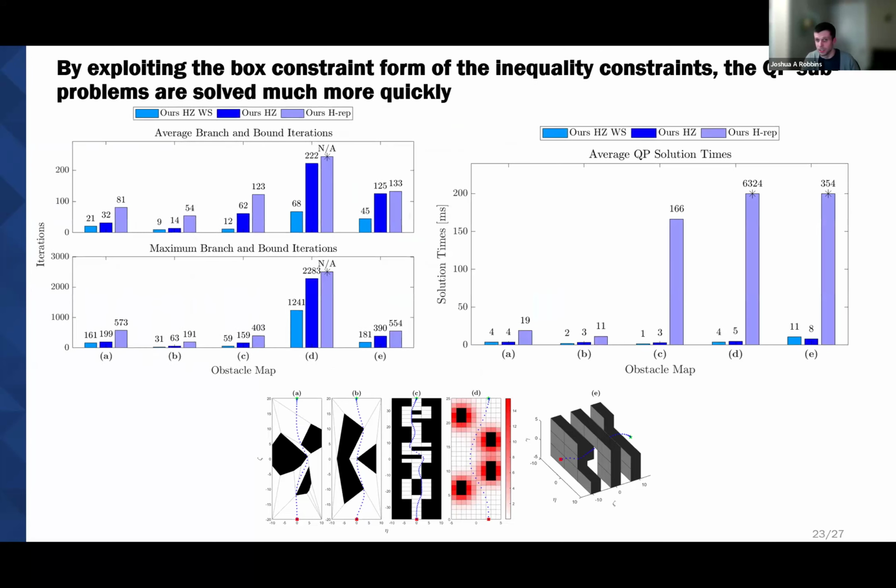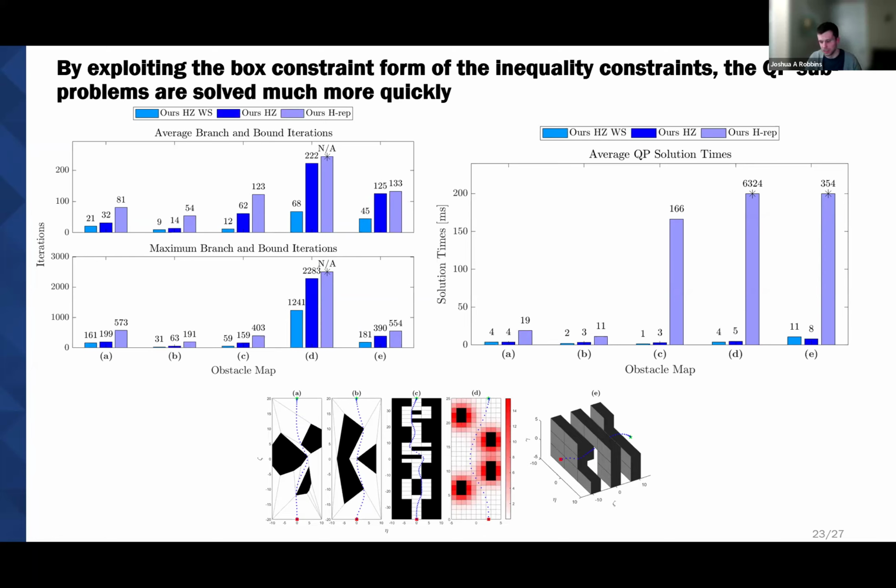Additionally, we are able to solve the QPs that we're generating in our branch and bound formulation more quickly using hybrid zonotope constraints. This is because we're using that QP solver technique where the box constraint structure can be exploited to reduce the number of matrix factorizations that need to be computed to solve the QP.